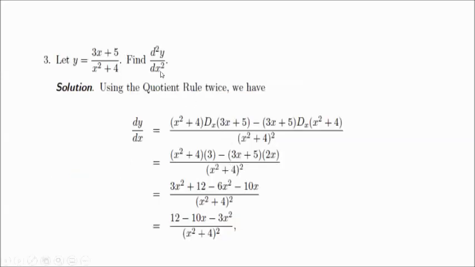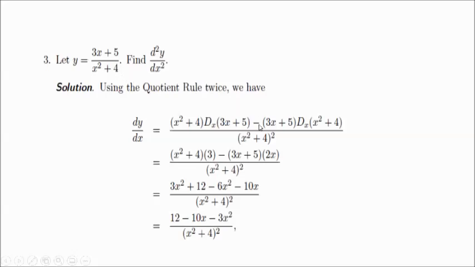Okay, next. Number 3. How about this one? We will use quotient rule. So, paano yung quotient rule, class? Square the denominator, copy for the numerator, copy the denominator, derivative nung numerator. Then, please remember kapag quotient rule, minus.